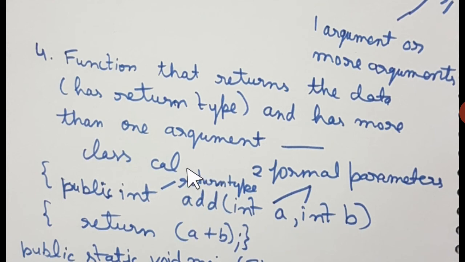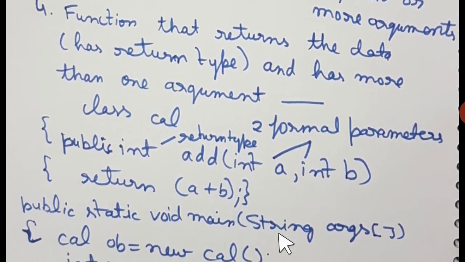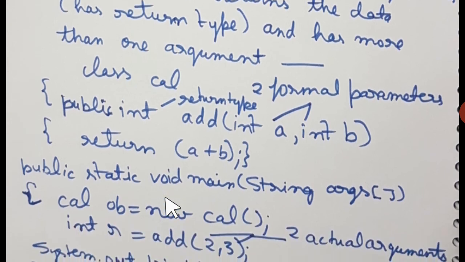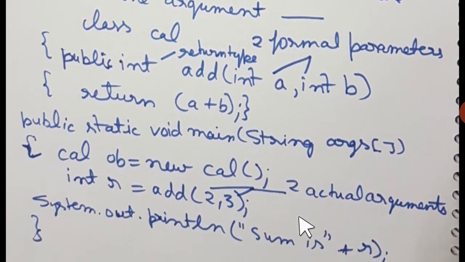So it has to be returned, that's why I have taken the data type int over here. And then add is the function, and then inside this two arguments a and b, both are of int type, and students here return a plus b. So now the sum will be returned. So I hope everybody has got a clear idea of it.